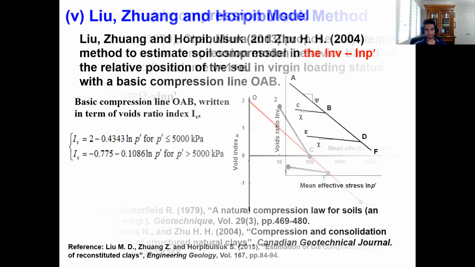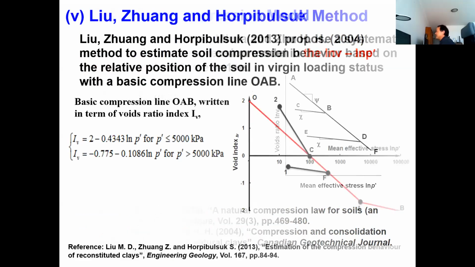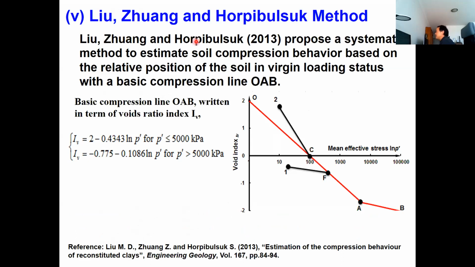Now the further development is proposed by me and my friends Chuang and Hopkins. We propose a basic line. OA is the same as Skempton's line, and AB is different from Skempton's line. So Skempton said all the soil on first loading must be on the line.